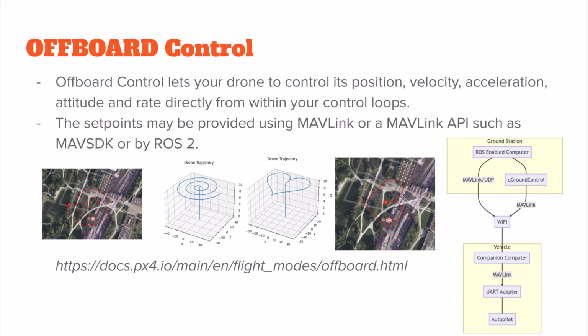It describes every detail about offboard control and every consideration that you might need to know before using offboard control. Remember, offboard control has almost no protection, so you are on your own. You have to take care of everything that your drone is doing.